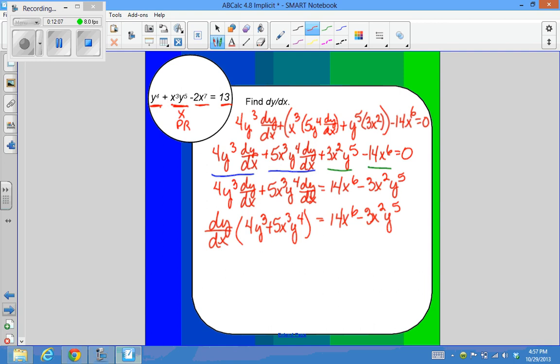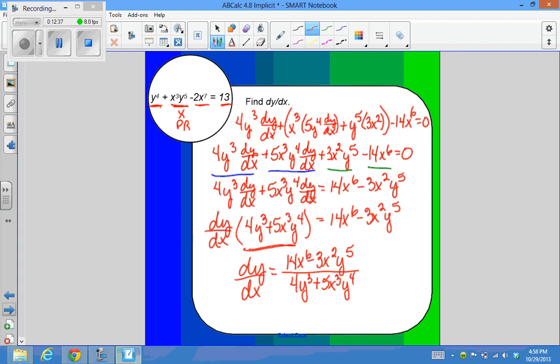All right, divide both sides by this term right here, since it's multiplied by dy dx, and your dy dx final answer is 14x to the 6th minus 3x squared y to the 5th all over 4y cubed plus 5x cubed y to the 4th.